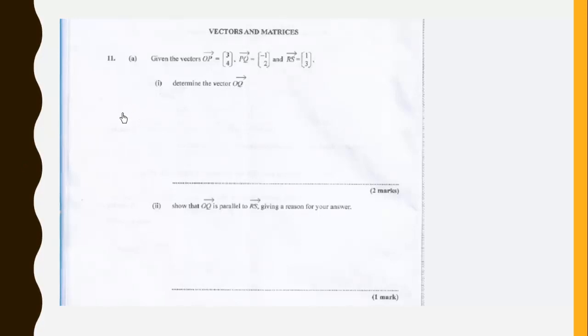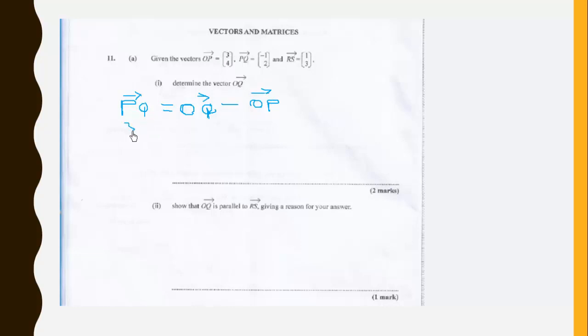So we know that vector PQ can be expressed as vector OQ minus vector OP. So let's sub in the values over here.